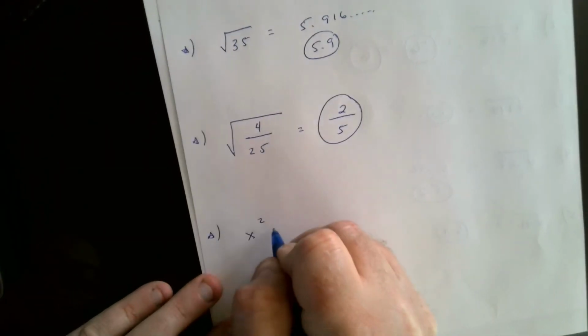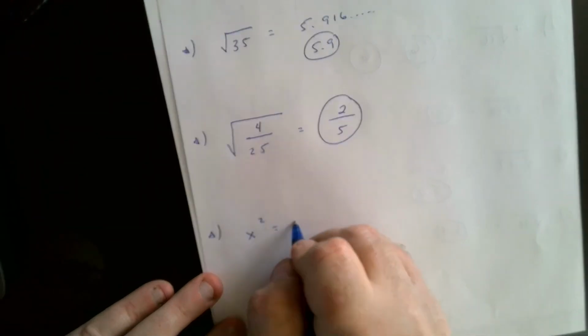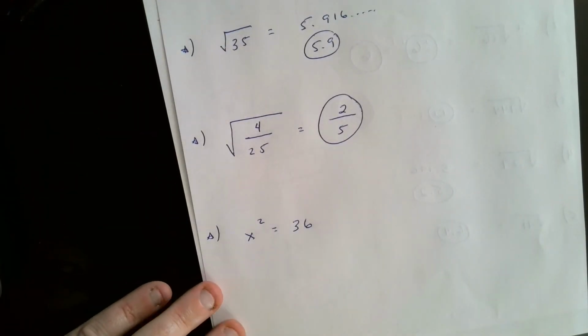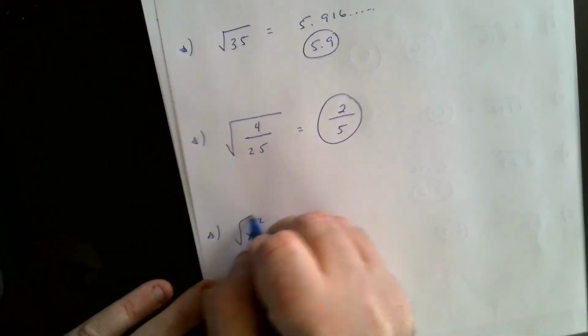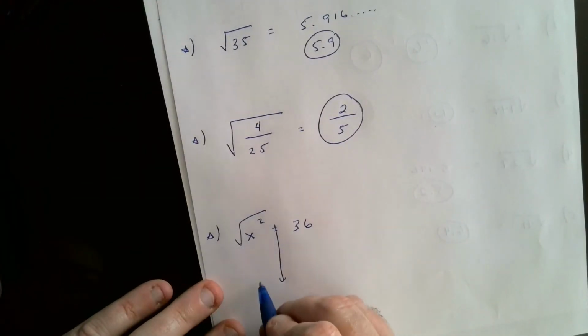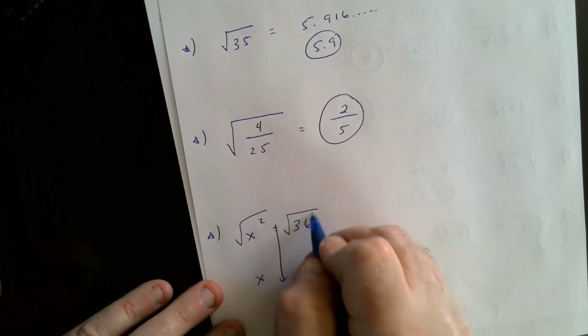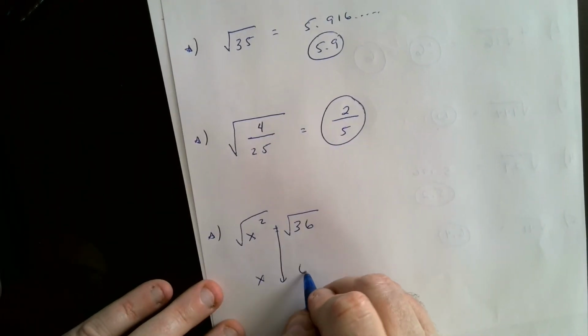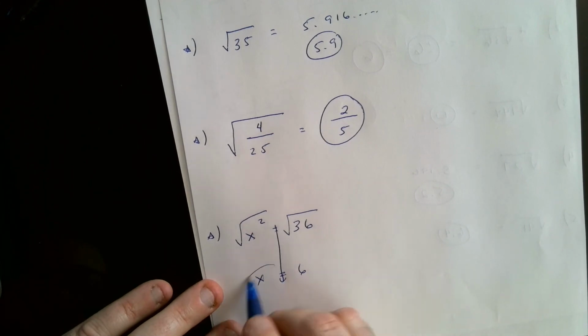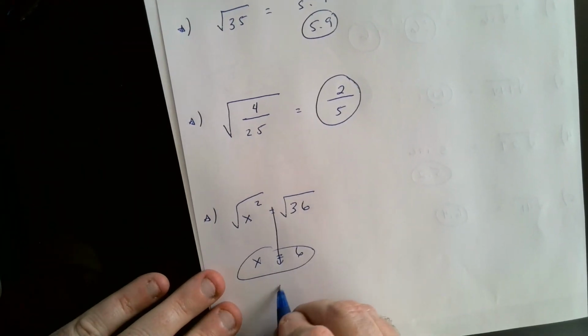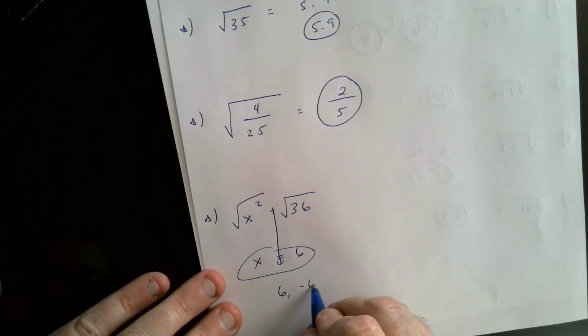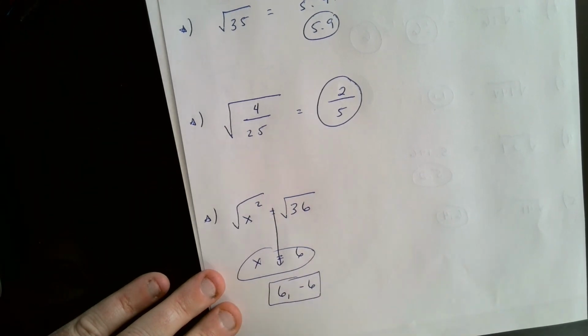So if we have x squared equals 36, it's really just taking the square root as well. We're just trying to solve the equation. Take the square root of x squared, we get x. Take the square root of 36, which breaks down to be 6. But be careful once again in ALEKS, it's probably going to ask for 6, comma, -6 as your final answer.